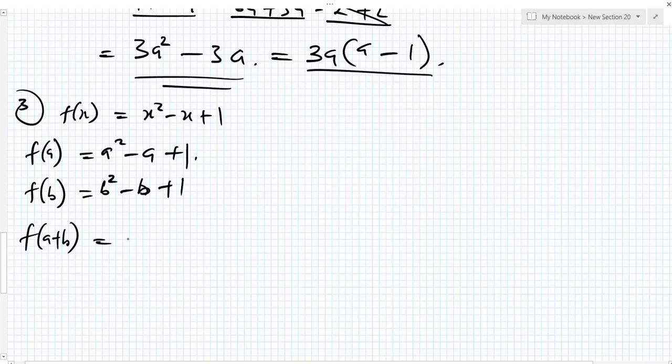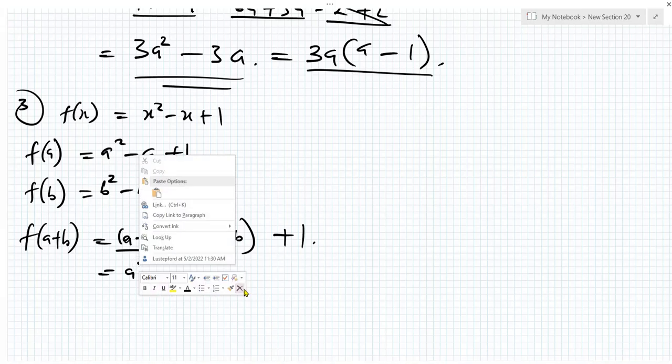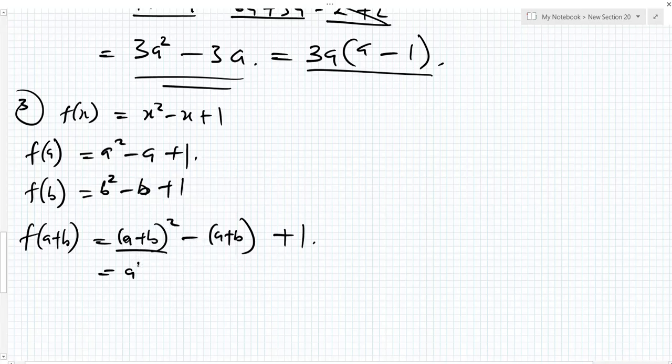So I have here now a plus b all squared, minus the bracket a plus b, plus 1.